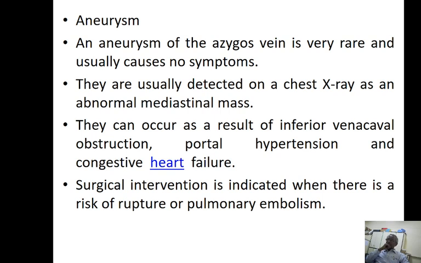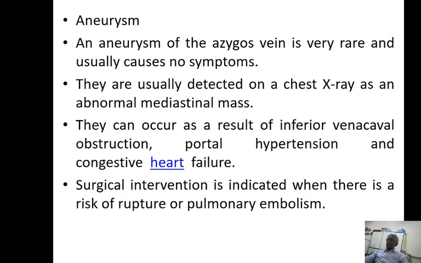They can occur as a result of inferior vena cava obstruction, portal hypertension, and congestive cardiac failure. So these are all the causes that may lead to an aneurysm of the azygos vein.